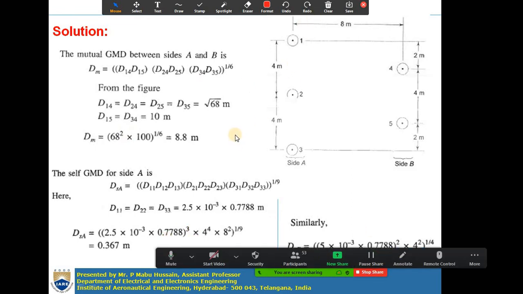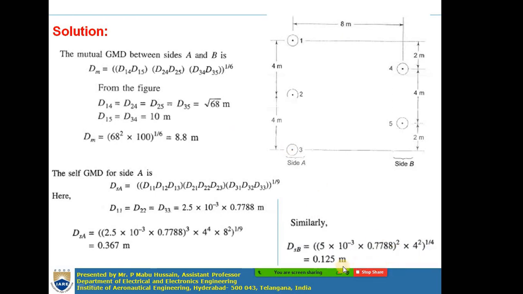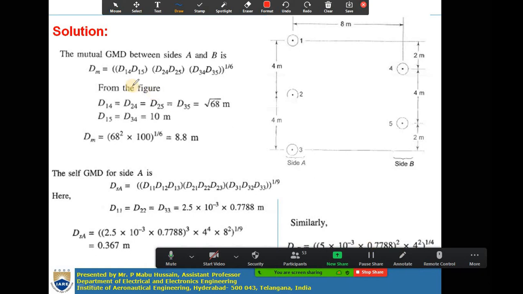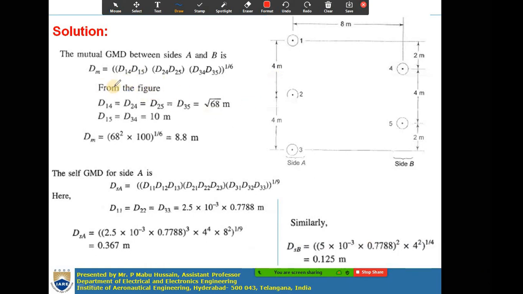The mutual GMD is the product of terms whole to the power of 1 by mn, where m is the number of strands in one conductor and n is the number of strands in the other.